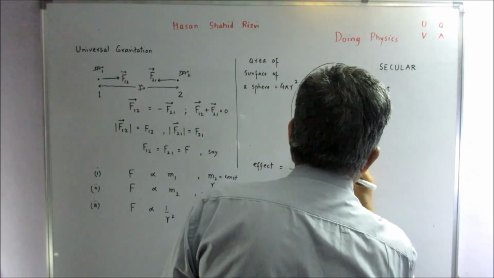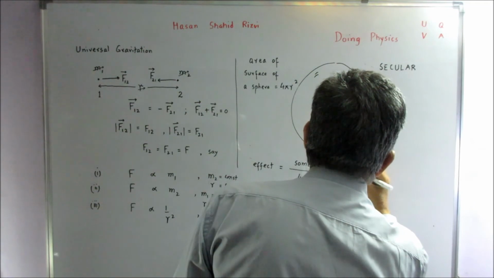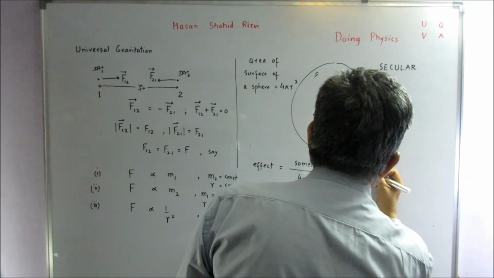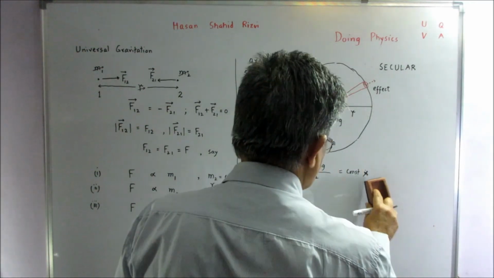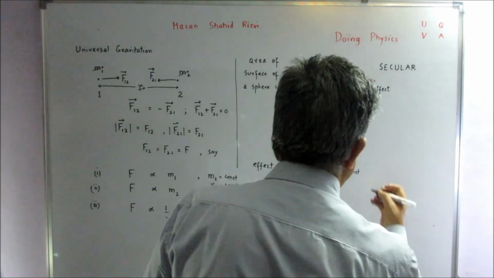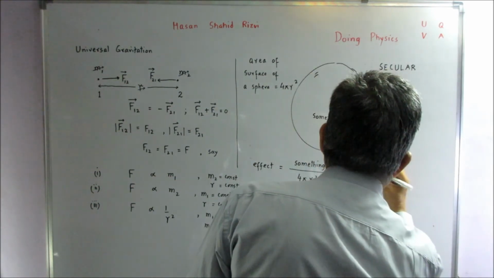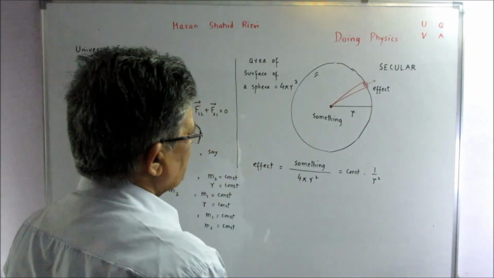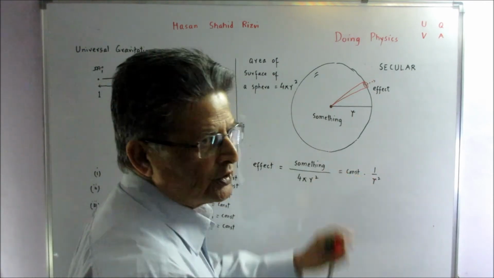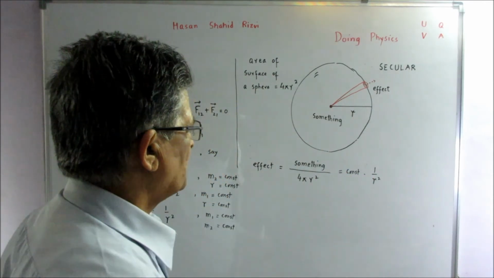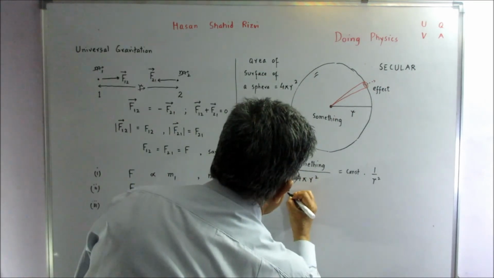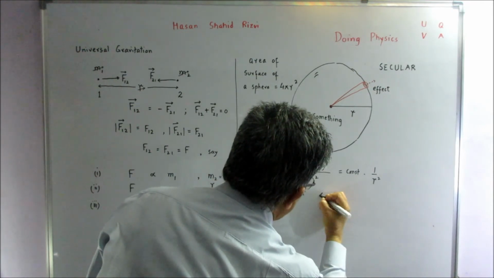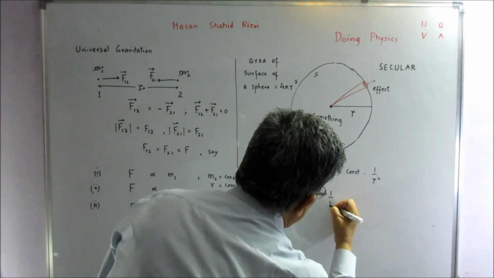So this is equal to a constant times 1 upon r square, so that I can say that the effect is proportional to 1 upon r square. The value of the effect is proportional to 1 upon r square, or I can say with the reverse logic that the effect is proportional to 1 upon r square.